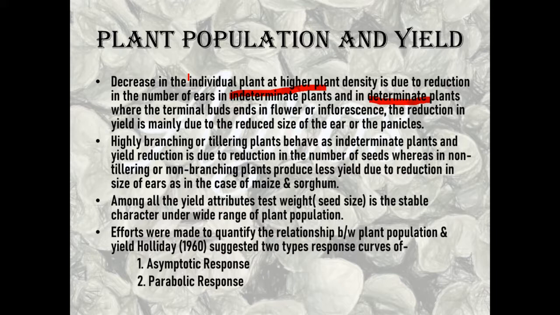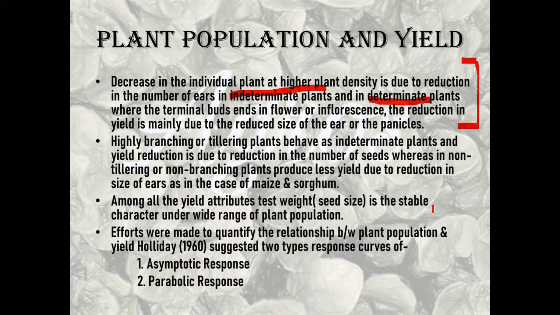Why? If it is indeterminate plants, it is due to the reduction in the number of ears, and if it is determinate plants, it is usually due to the reduction in the size of the ear or the panicle. There is nothing to understand over here, just mug up this part.